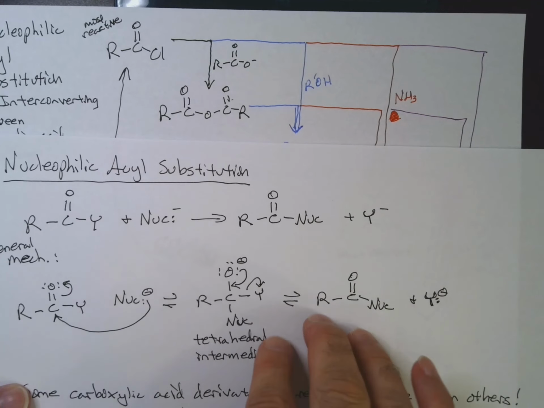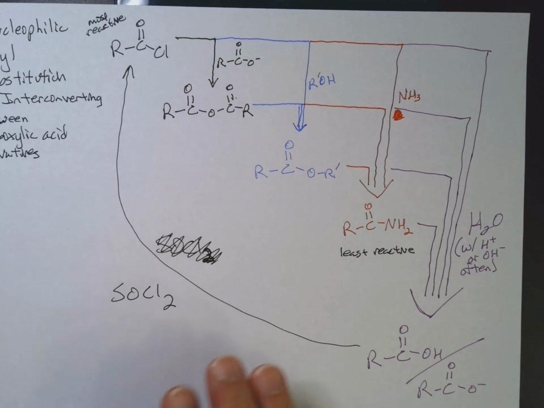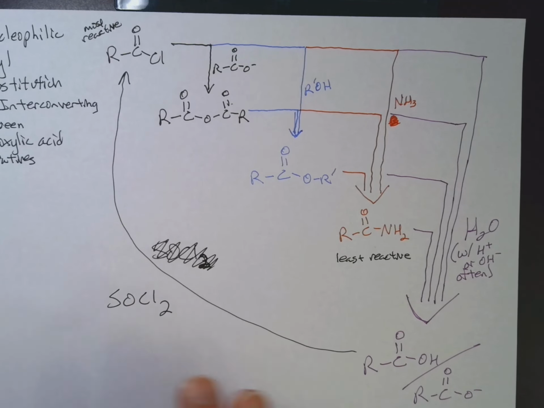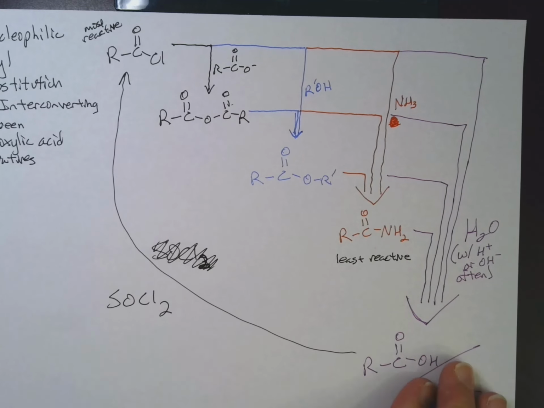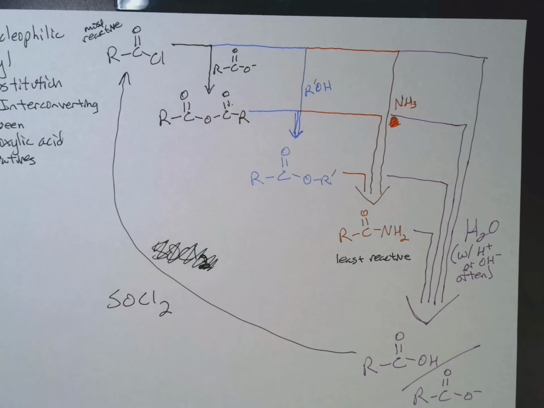And we'll talk about some specific examples in the next lecture video. I'll go through some specific examples, and then in the video after that, I think I'll talk about some individual types of reactions that the different carboxylic acid derivatives can undergo.